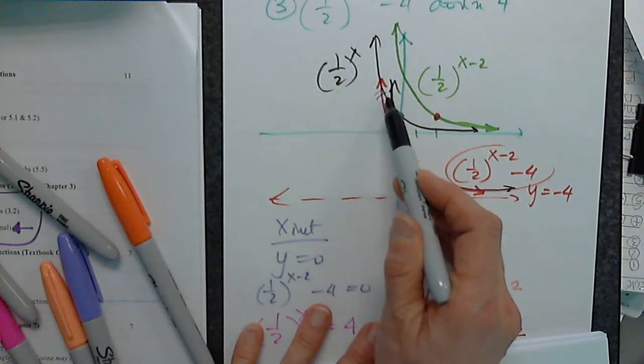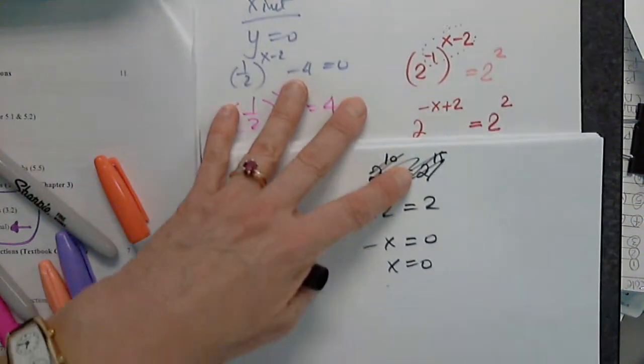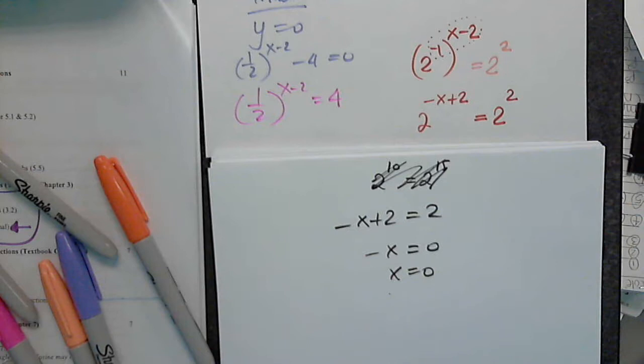Just do this, and that's good enough. This is the simplest possible, almost the simplest possible exponential equation. And yes, we will look at more difficult situations. Any questions?